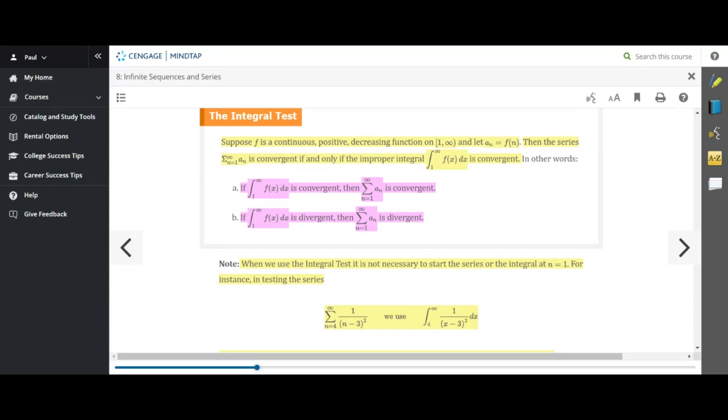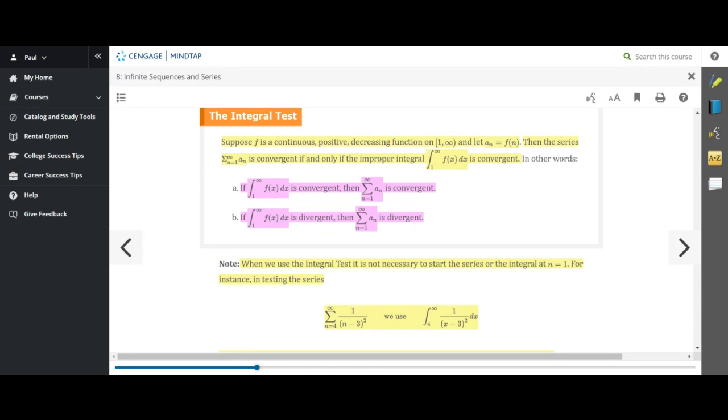And it's very helpful for establishing convergence or divergence of series that you couldn't easily use a comparison test on. And they note here that for the integral test, it's not necessary to start the series or the integral at n equals 1.